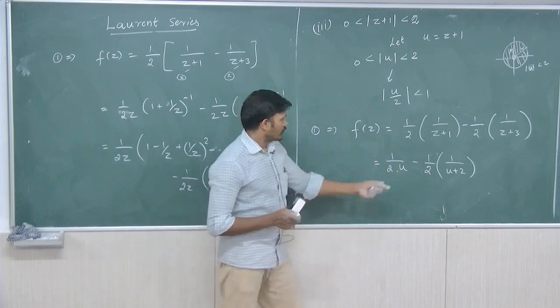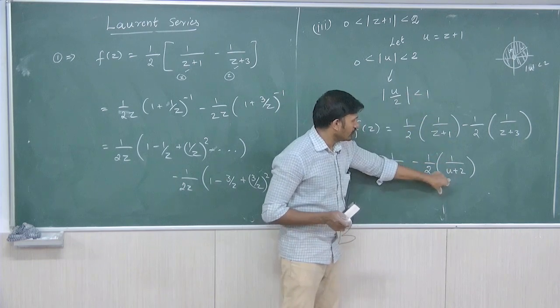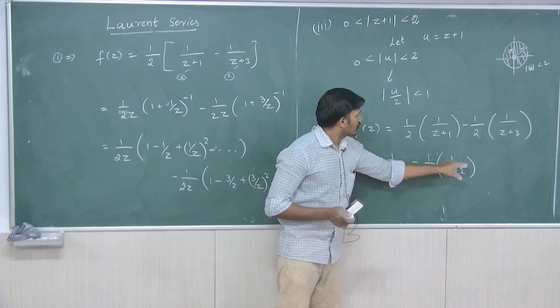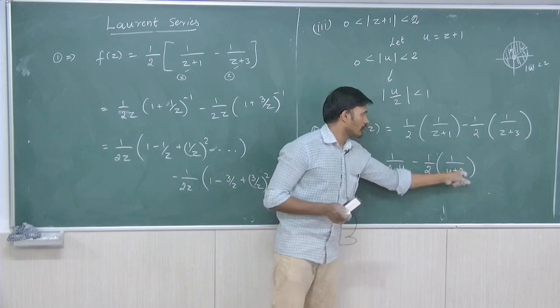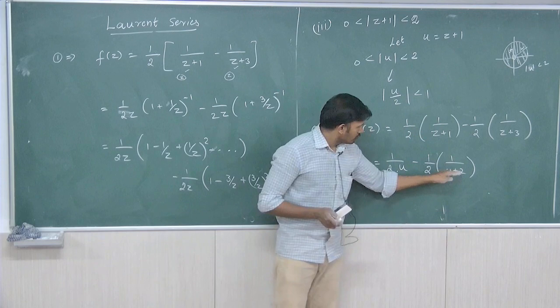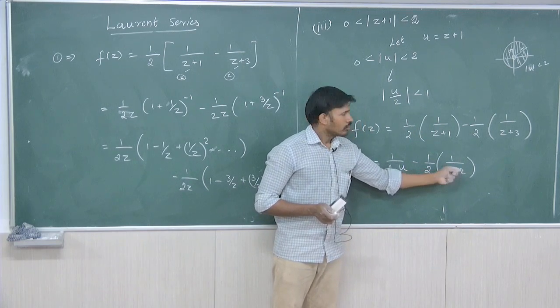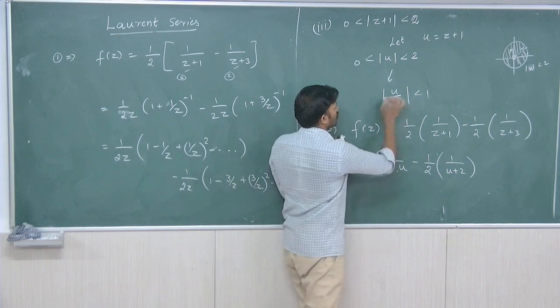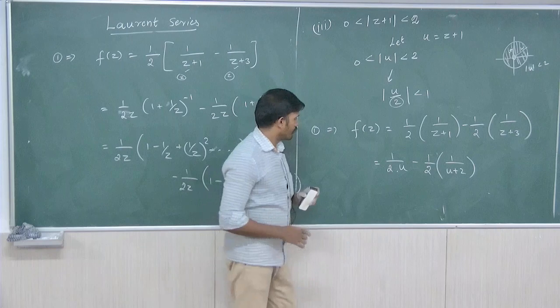Right? So for that I am going to apply this inequality. If you want to apply it, you have to write it in terms of u by 2. For that, take 2 as a common term in this factor.